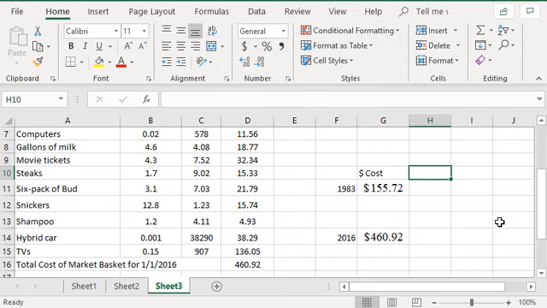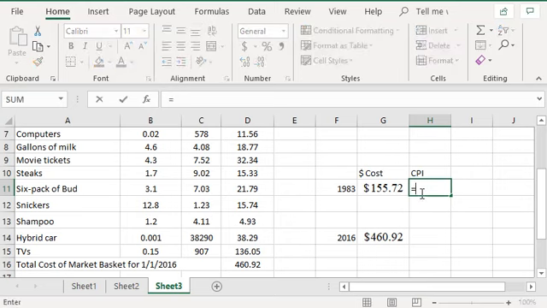Now over here is a CPI. CPI is an index, Consumer Price Index, with a base year of 1983. What that means is we take the dollar cost of the market basket in 1983 and we divide it by the base year dollar cost, which is what it cost in 1983. So we divide this value by itself, essentially.